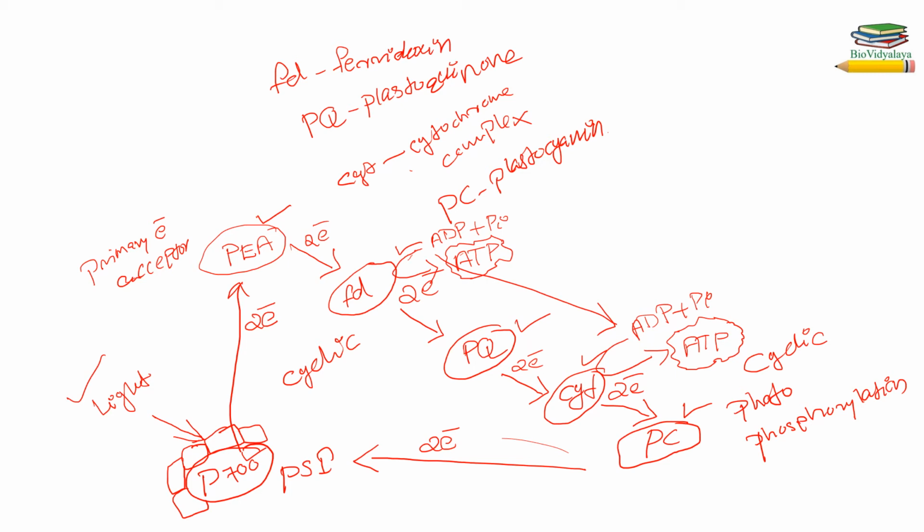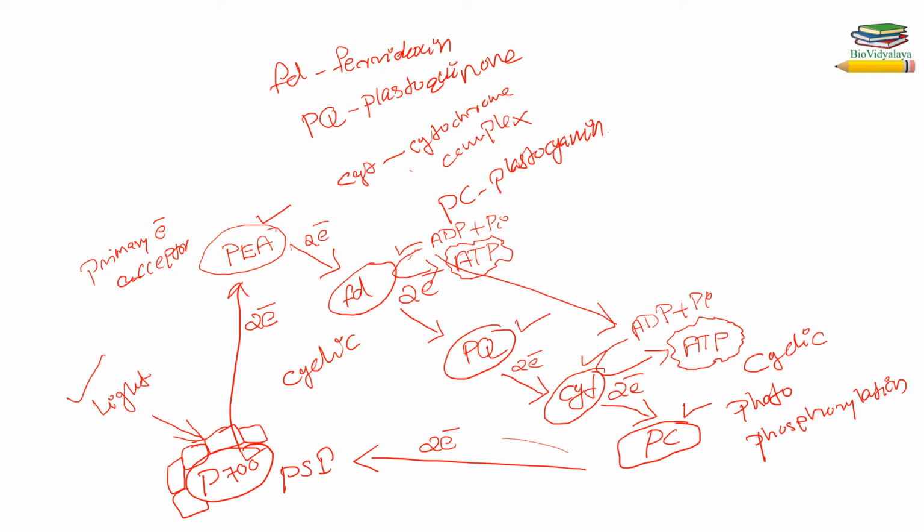We know that in non-cyclic photophosphorylation, photolysis of water takes place. But here photolysis of water is not required to replace the electron, because the electron released from photosystem 1 is coming back to it.